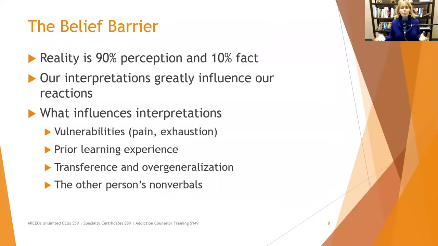And other people's nonverbals can influence assertiveness. If you're talking to somebody and you're expressing your opinion, and even doing it assertively, and they start closing off and giving you a weird look, you might feel criticized, or not feel so good about the situation, which can lead to an escalation from assertiveness to aggression or passiveness.